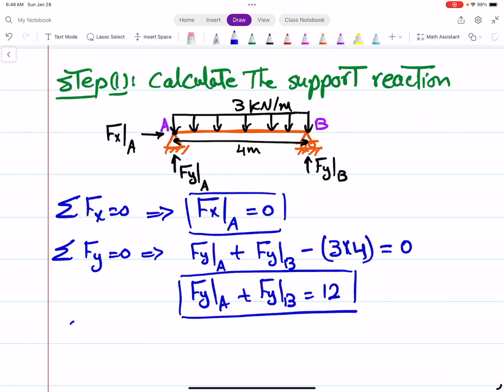Okay, last equation, summation moment about the z direction equals 0. In this case, you can take the moment about A, you can take the moment about B. Both would be the same. So let's take moment z about A, equals 0.